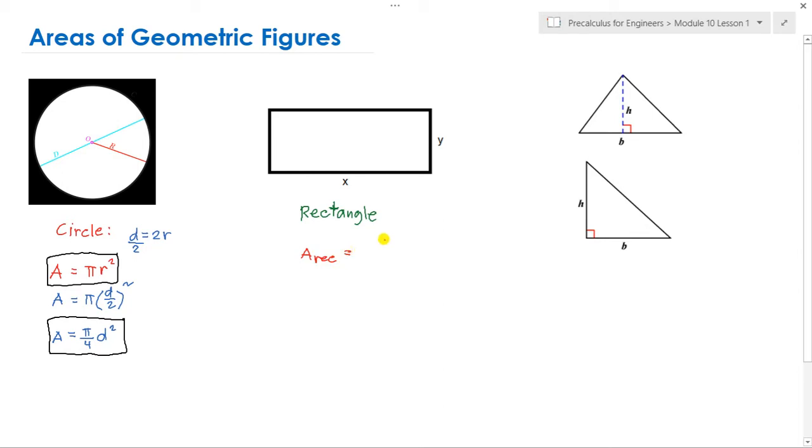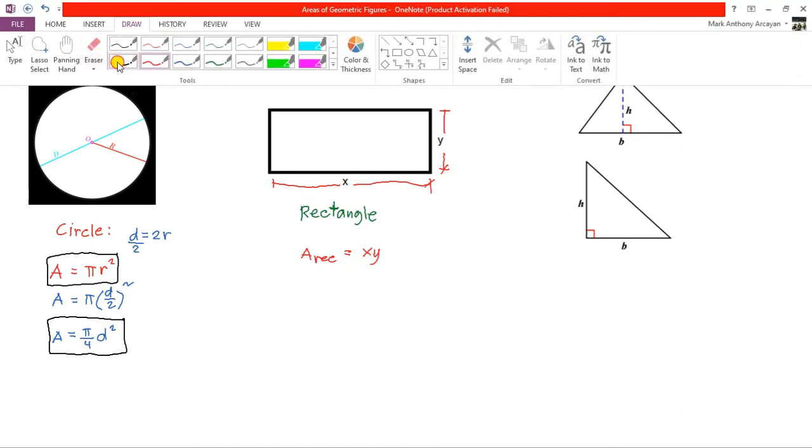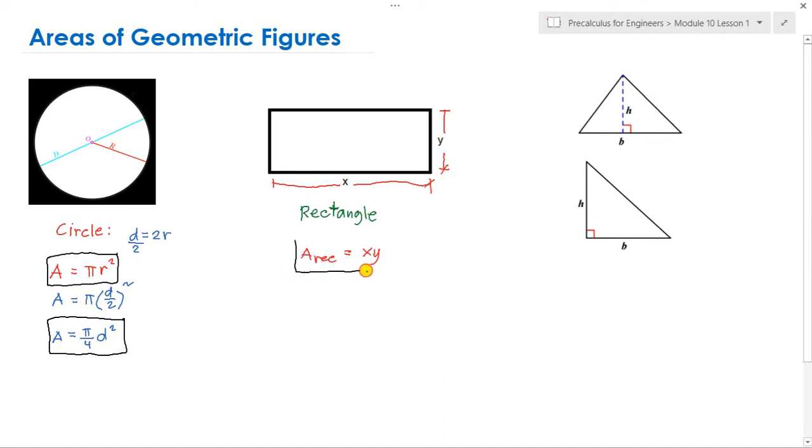Okay, length times width. In this figure, the length is the longest side, represented by x, and the width is represented by the variable y. So we can express the area of a rectangle as length x times width y. Simple as that, class. So here we are still on the basics.